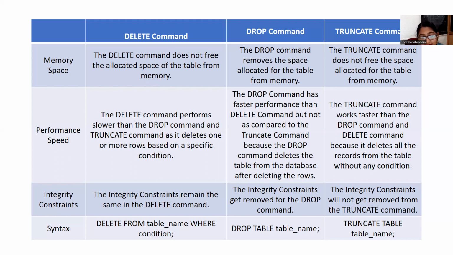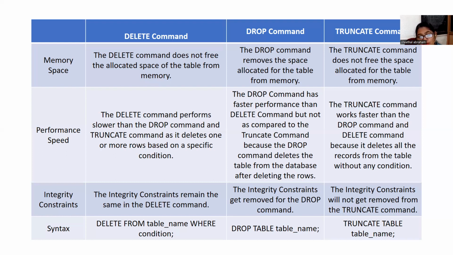Regarding integrity constraints, whether they will be removed or remain: integrity constraints remain the same in the delete command. Integrity constraints will get removed in the case of the drop command. Integrity constraints will not get removed in the case of the truncate command; they will remain.